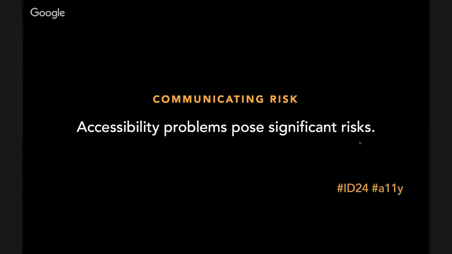If you ignore certain accessibility problems, you can face significant legal risks as an organization, or your clients can. Communicating that to the proper folks early on in the project will help you adjust the scope as needed if it hadn't been accounted for initially.